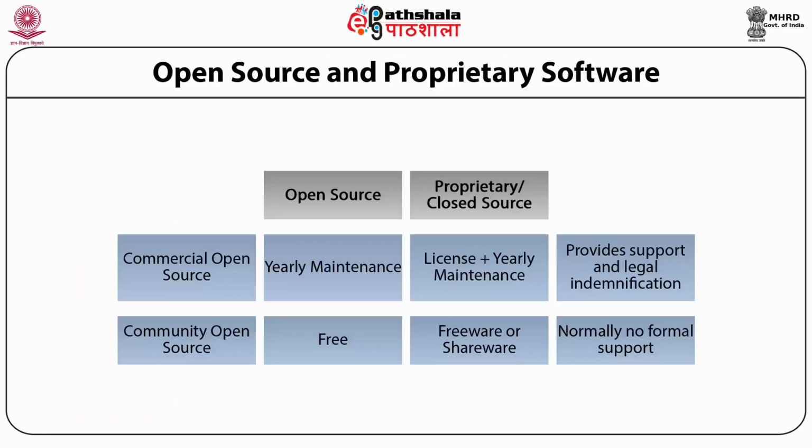But in community open source software, the software is free, maintenance is free, update is free. So nothing is to be paid. Generally, the disadvantage is that you don't get any support if you are using free software. But there are a lot of voluntary NGOs which give support for the use of popular open source software, like the foundations I mentioned.